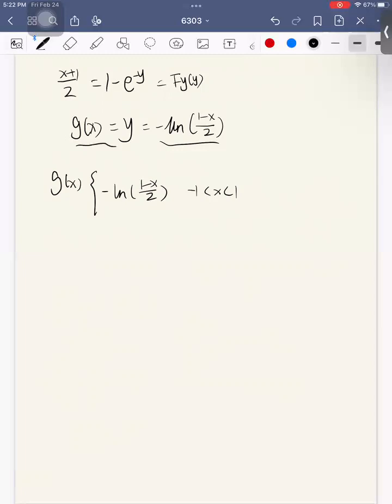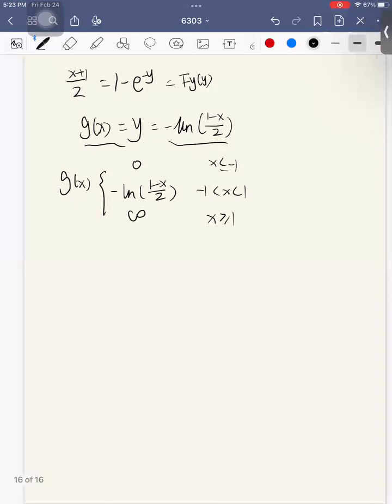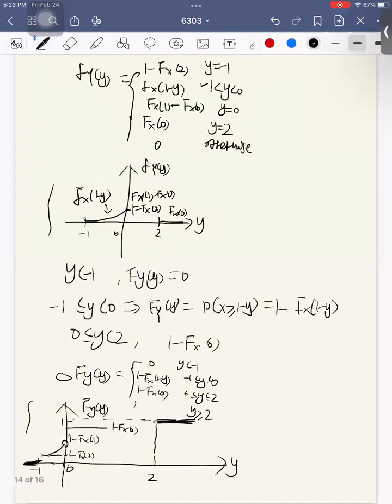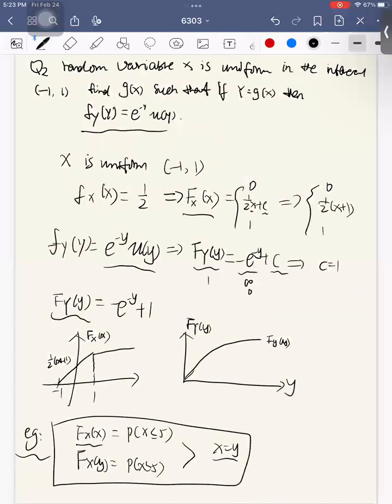So we can simply see that when g(x) for y is 0, the range is when x is less than 1. And when x is greater than or equal to 1, this thing here will go to infinity. So here is pretty much about question 2, and I'm going to stop here. Thank you for listening.